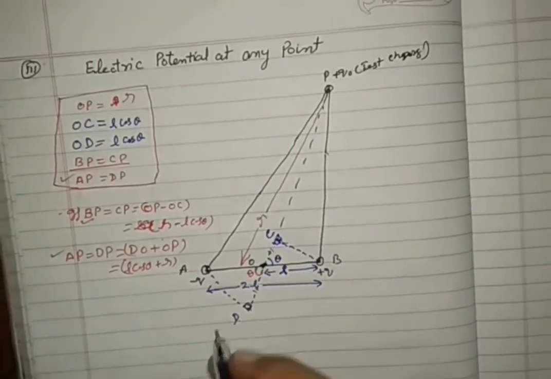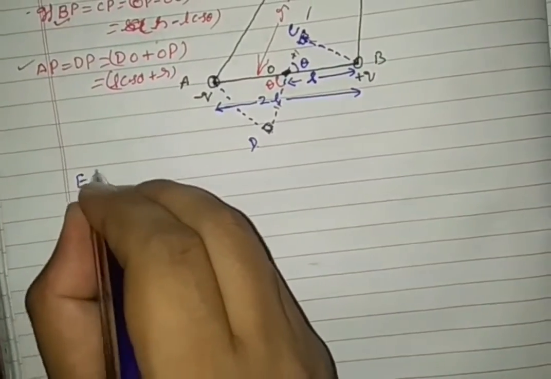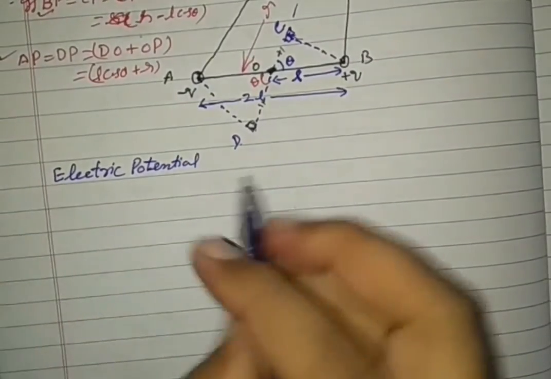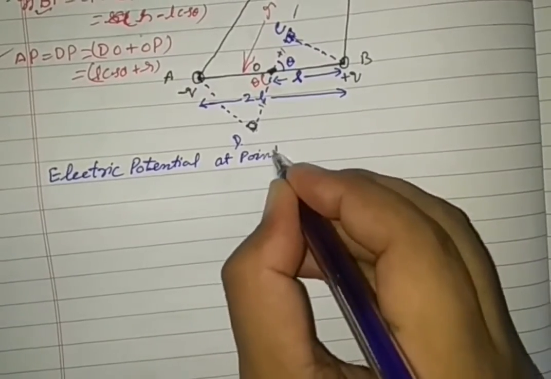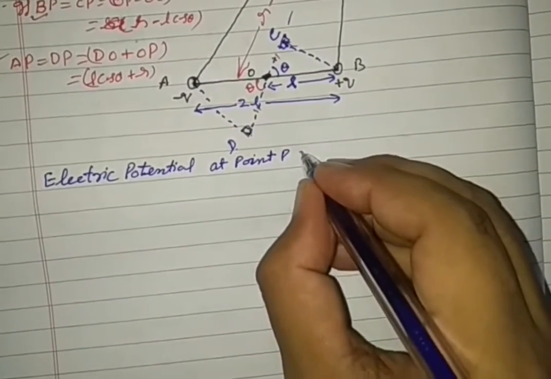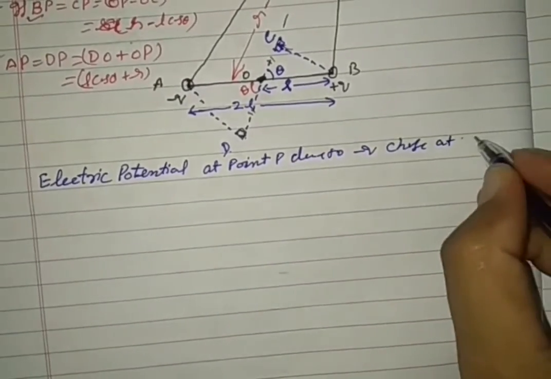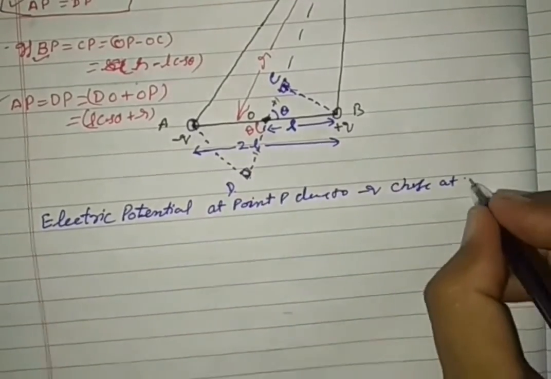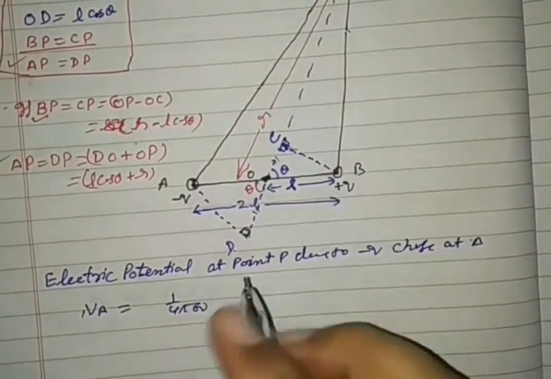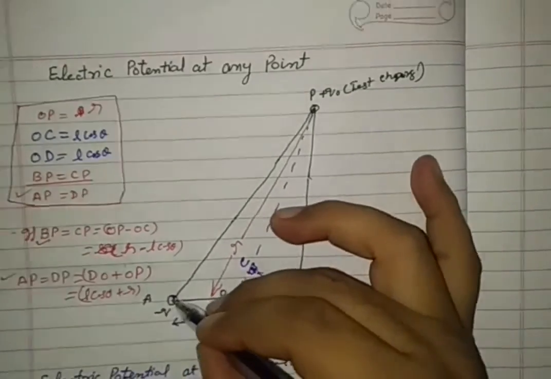Now come to the routine method. We are going to see the electric potential at point P due to the minus Q charge at A. This is the electric potential at A. Formula: 1 upon 4 pi epsilon 0 times Q by the distance AP.